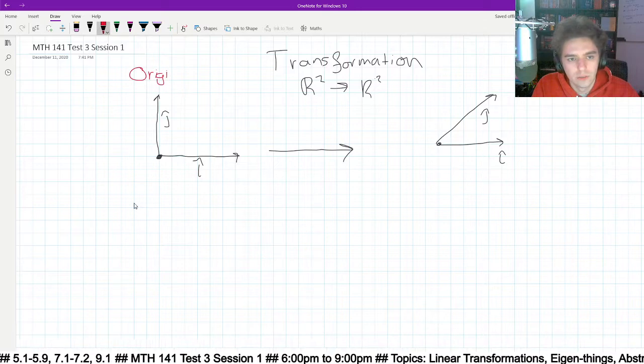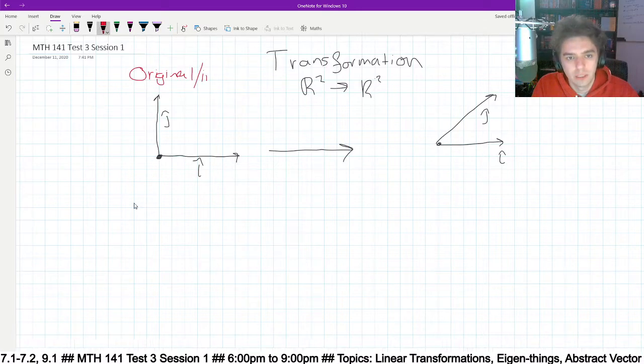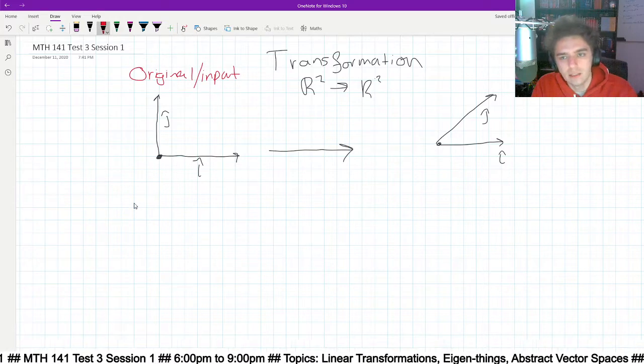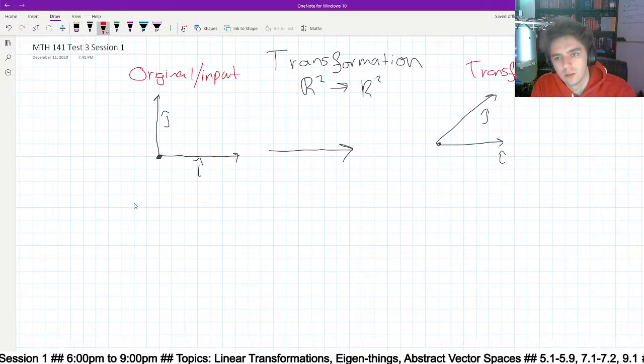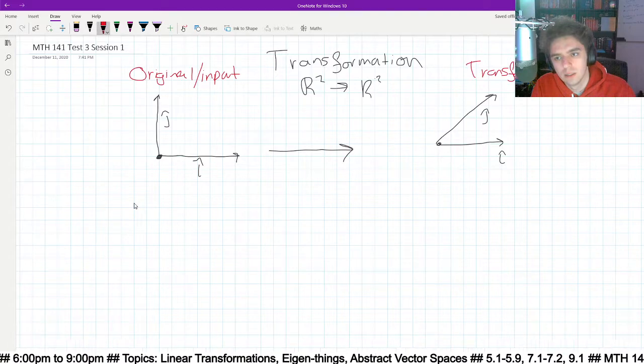So you can think of this as the original, input space, and this is the transformed, output space.